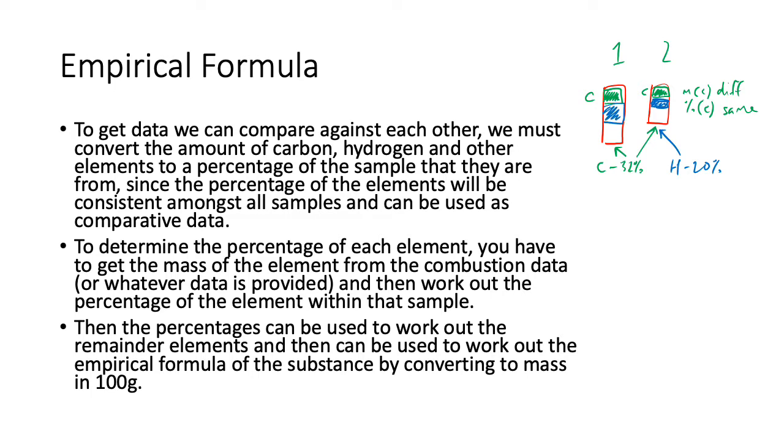The hydrogen is 20% of the sample. If you need to work out the oxygen, you just work out the percentage that's remainder. The concept is that the mass is different, but the percentage is the same. So we need to convert it into the percentage of that particular sample, and then we can apply that percentage to all different samples.